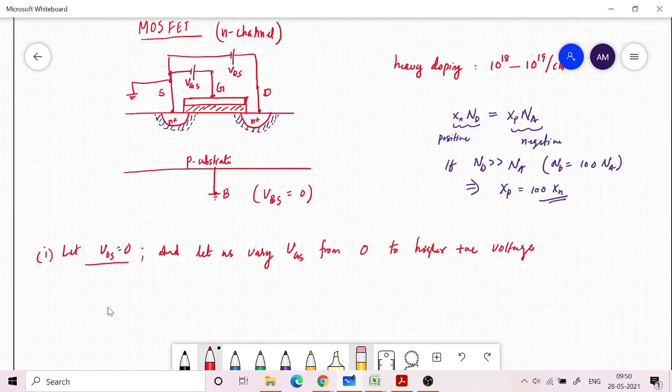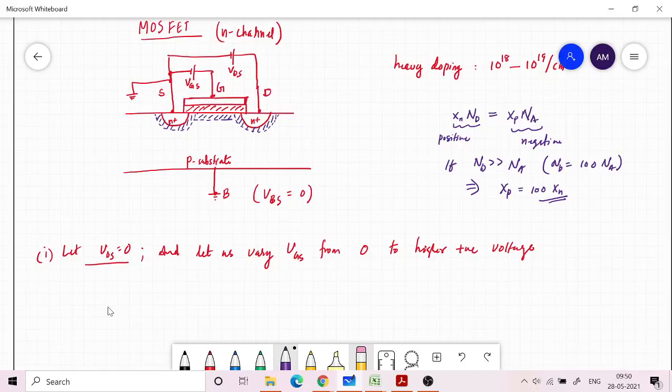Initially, as VGS increases, the holes underneath the oxide will be repelled away, and that way a depletion region will be created. So we have a depletion region which extends from source to drain, which has no carrier in between. So there is no conduction possible, there is no channel yet. This is for a smaller VGS voltage that we apply.